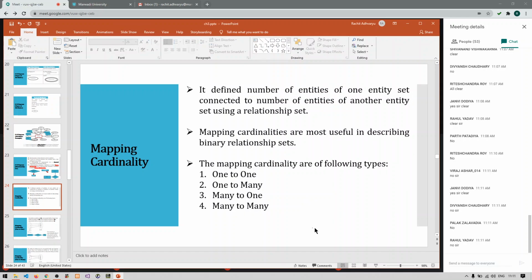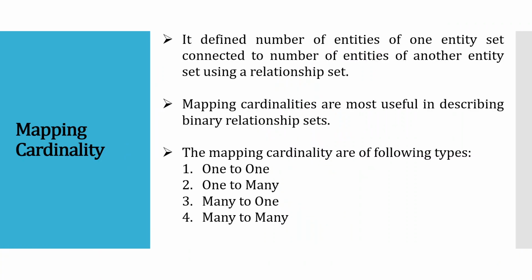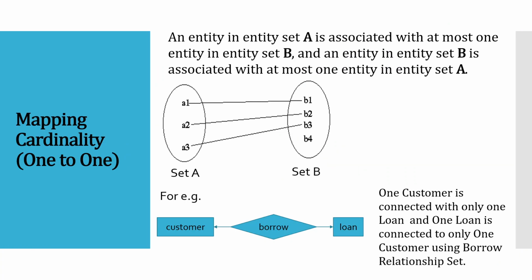Okay, then let's see the types of this particular cardinality. The first one is one to one. So what does it mean?